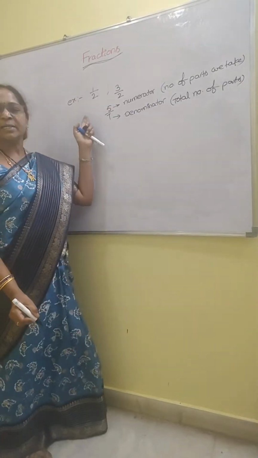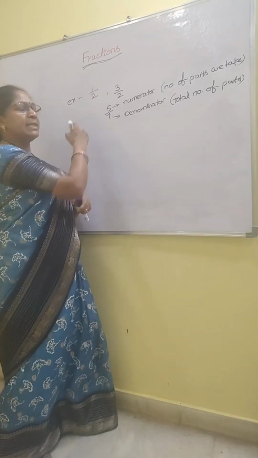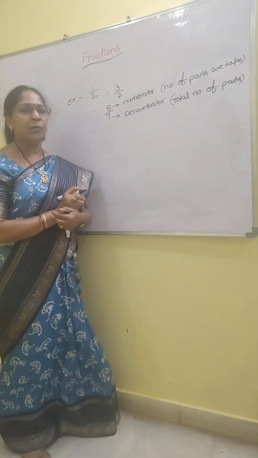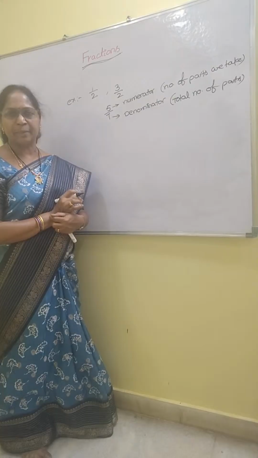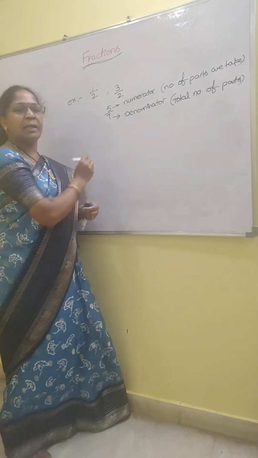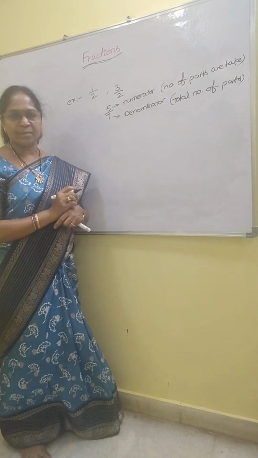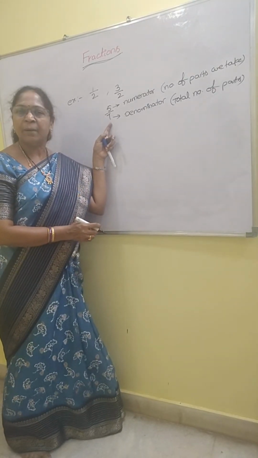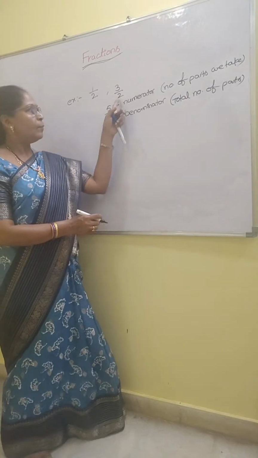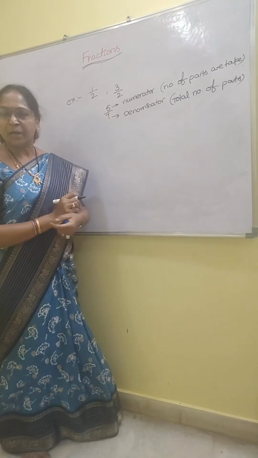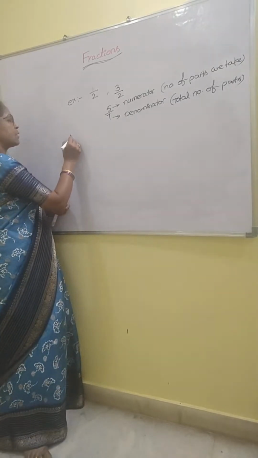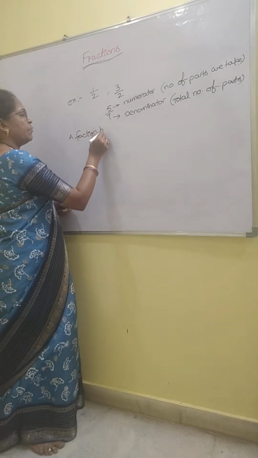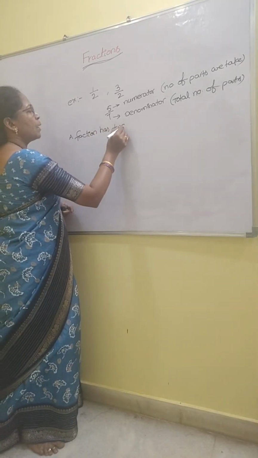So a fraction can be represented with a top number and a bottom number, like 1 by 2 or 3 by 2. The top one is the numerator and the bottom number is the denominator. These are the two parts. So a fraction has 2 parts.